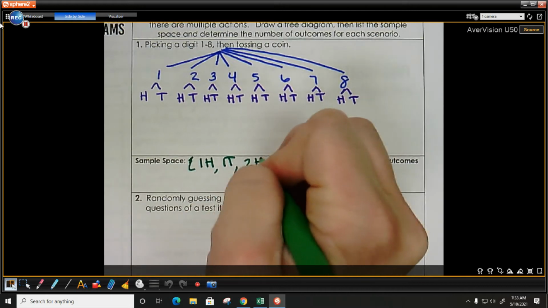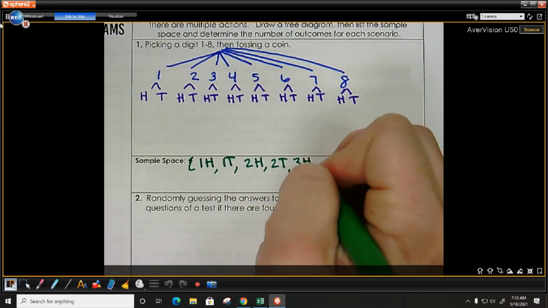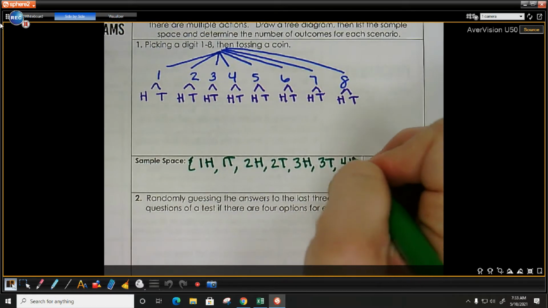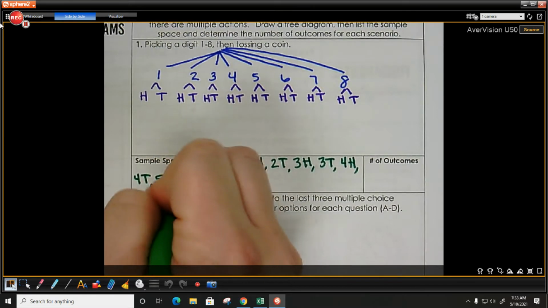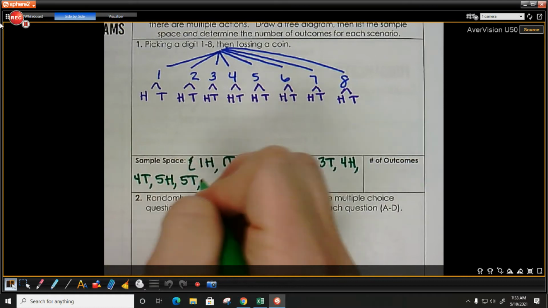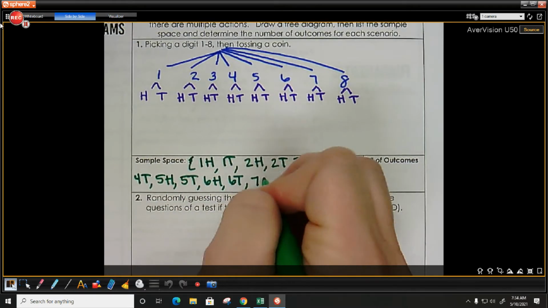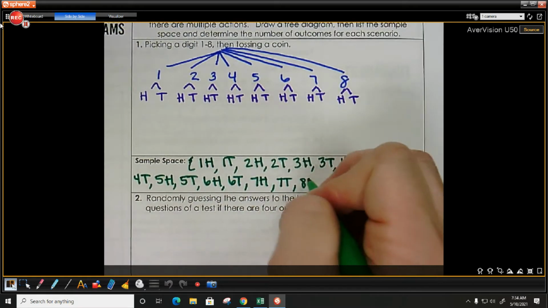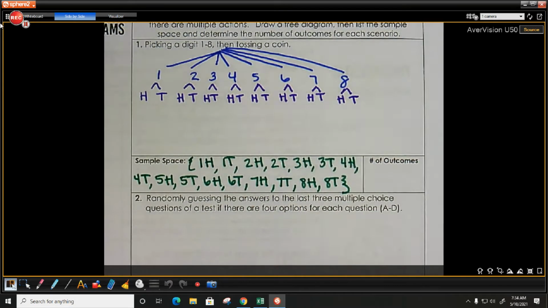Or 2H or 2T. 3H, 3T. 4H, 4T. 5H, 5T, 6H, 6T, 7H, 7T, 8H, 8T.